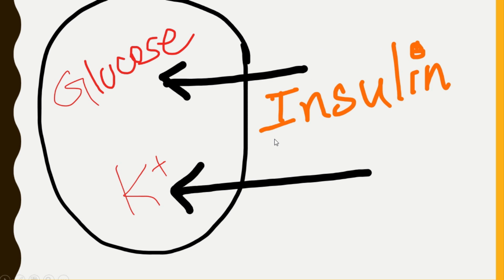Also, one additional mechanism I want to mention here, because it will be asked in questions and we'll be solving certain questions here: insulin has a similar mechanism towards potassium. Insulin also shifts potassium into the cell from outside the cell. So when there is hyperglycemia, insulin will shift the glucose from extracellular to intracellular space.